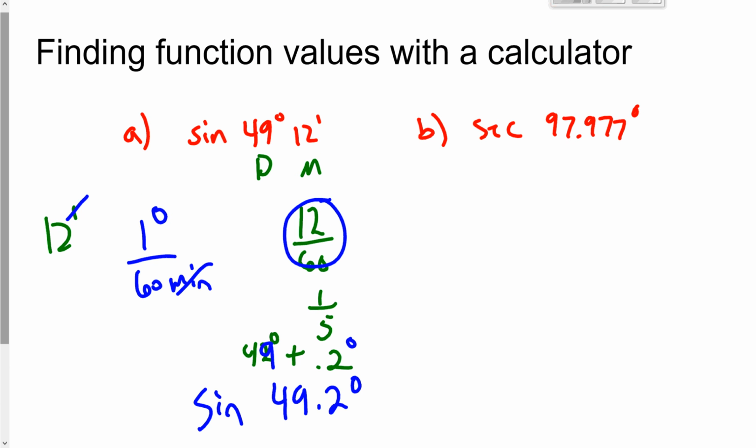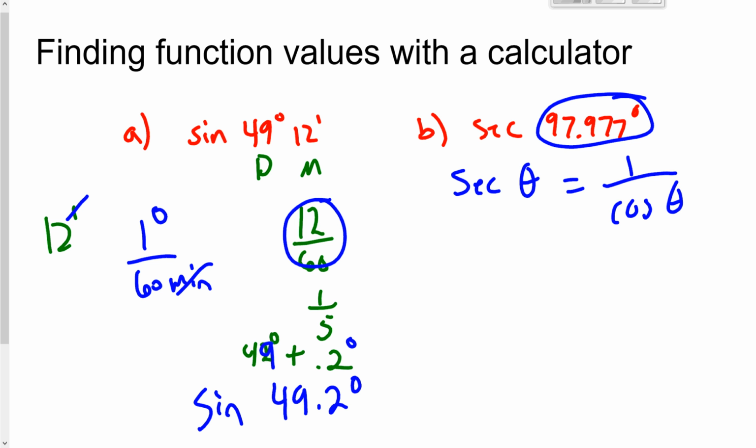For B, we're looking at secant. Secant's a little different, because secant and cosine are related. Secant of some angle is equal to 1 over cosine of that same angle. Our angle is 97.977 degrees. So on my calculator I take 1 divided by cosine of 97.977.